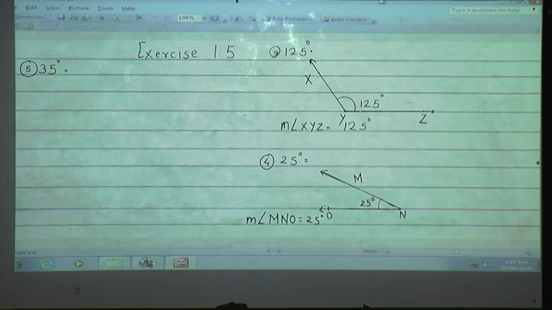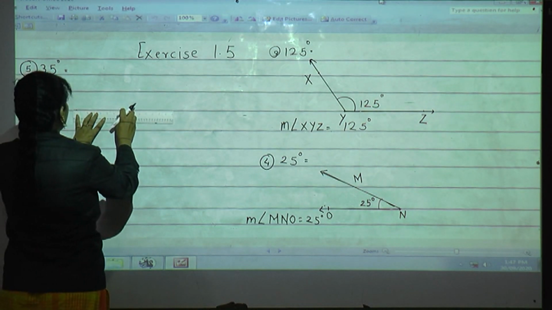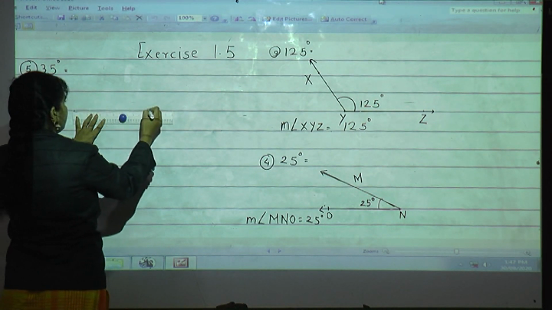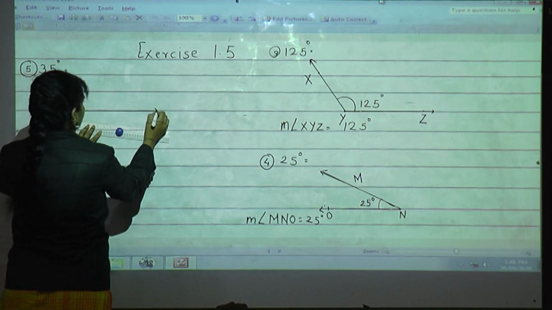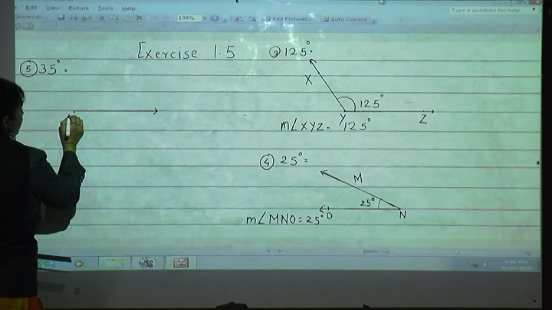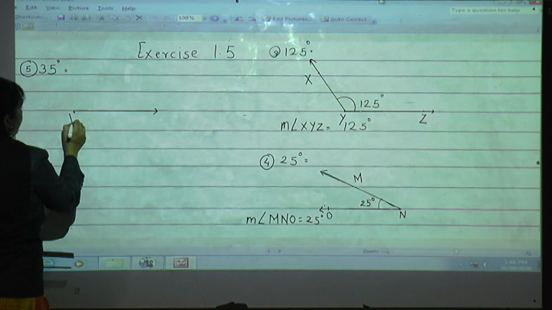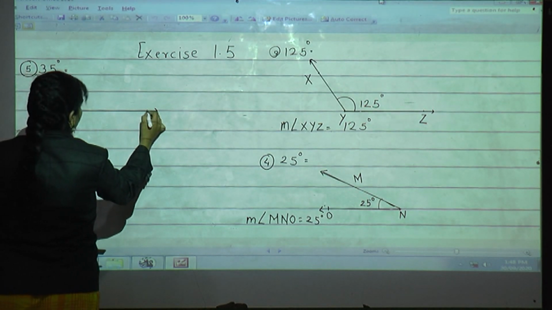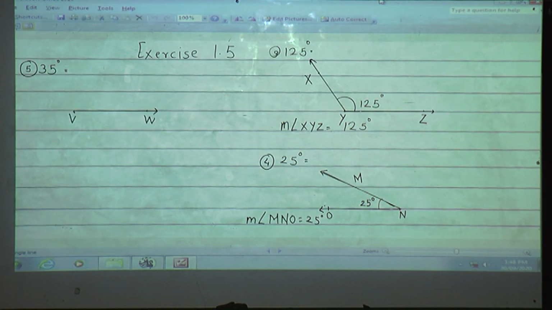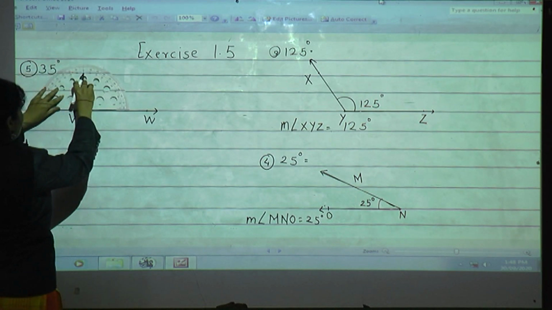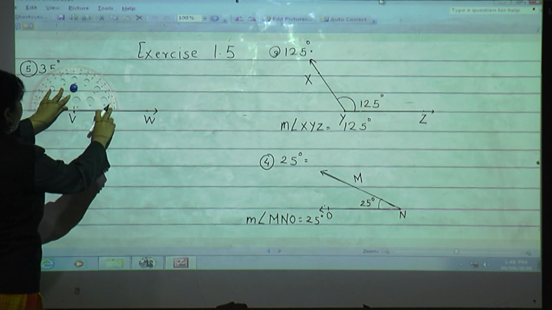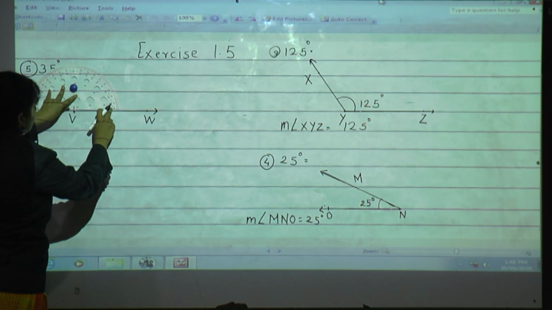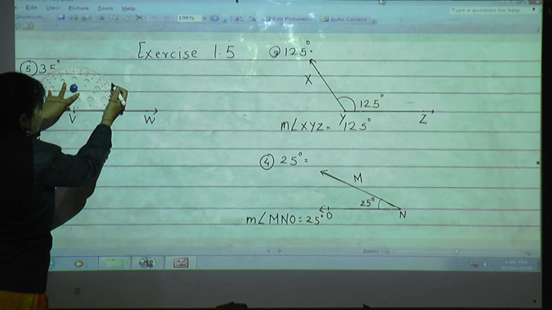Now again draw one ray, VW, ray VW, and take your protractor, place it on ray VW, see like this, and find where the 35 degree is on the protractor, see here.